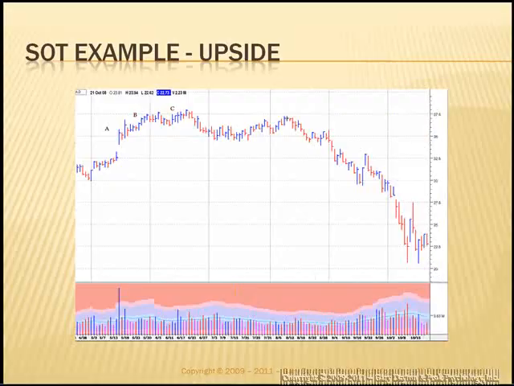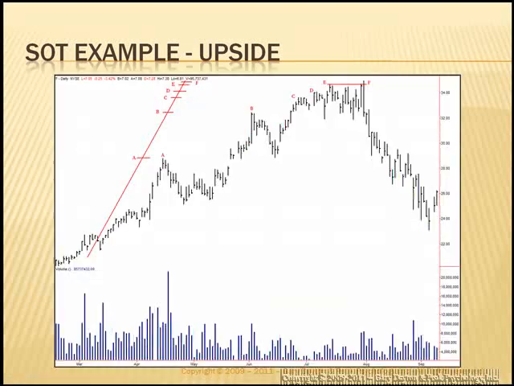Here's where we were at A, B, and C on this. And this is what happened. This is the 2008 fall. Okay? I'm not suggesting that every shortening of the thrust is going to produce this kind of big move like this. But it indicates that we are likely seeing a change in trend. Okay? And that's what's helpful about this.